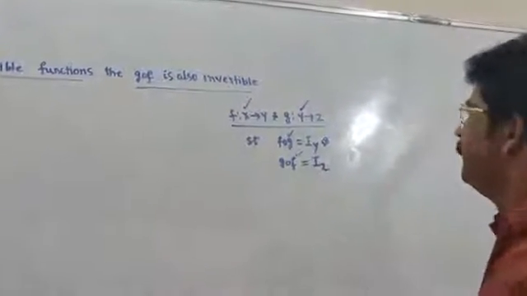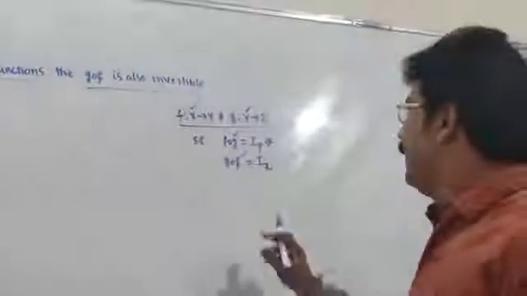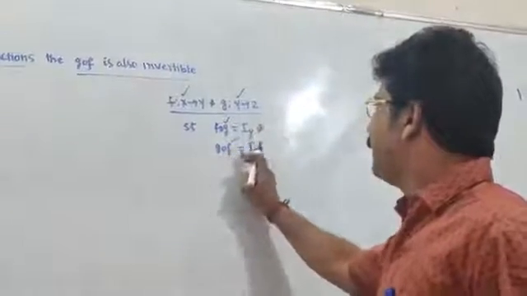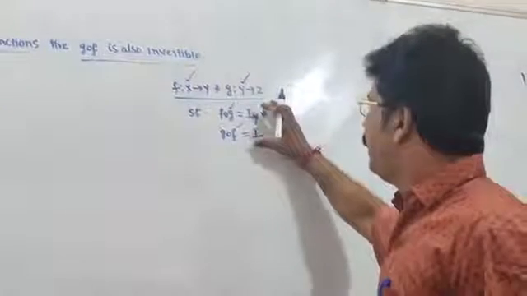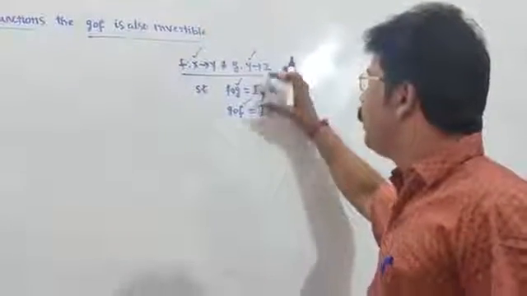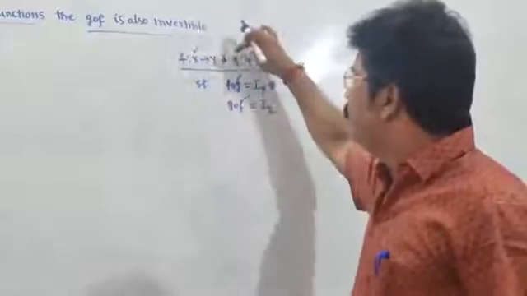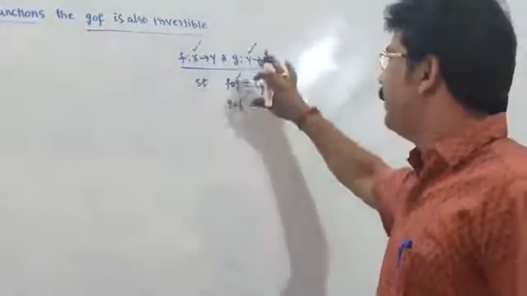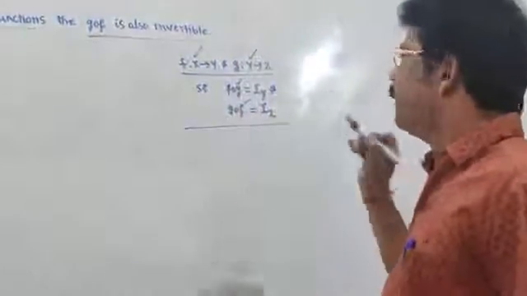This is the easy remembrance: f circle g equals I_Y, g circle f equals I_X. Under these two conditions only, f inverse equals g. So this is the definition of inverse function.